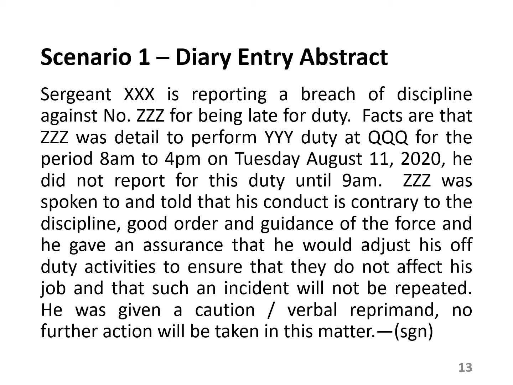He was given a caution or a verbal reprimand, depending on the wording that you choose. And the last part of the entry is that no further action will be taken against this member. And you sign the entry.